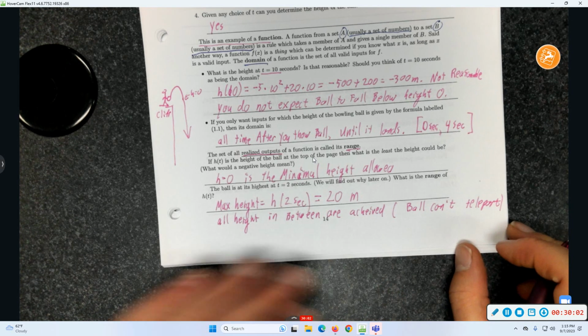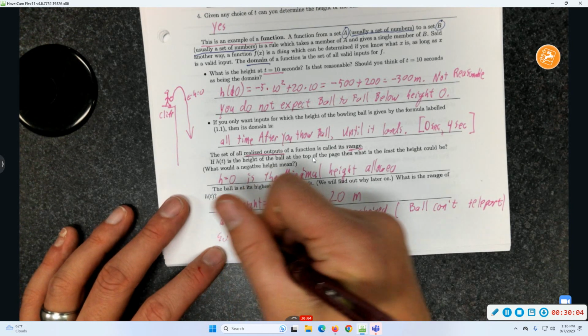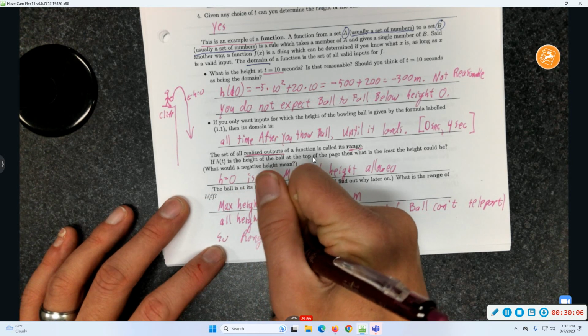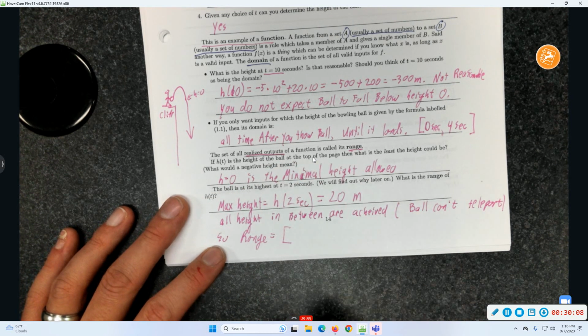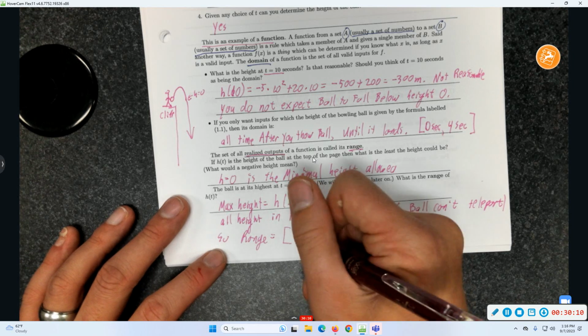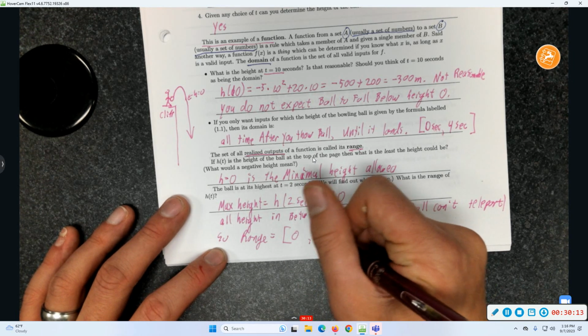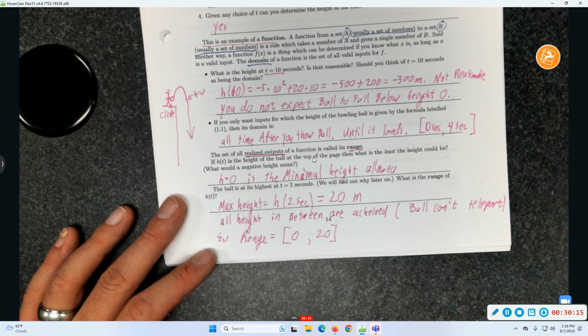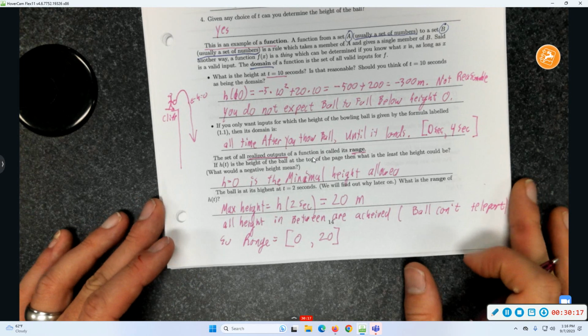The ball doesn't have a magic teleporter. So the range, so that's all outputs that are actually accomplished. Well, it starts at 0 meters, it makes it up to 20 meters, and it accomplishes every height in between. Neato.